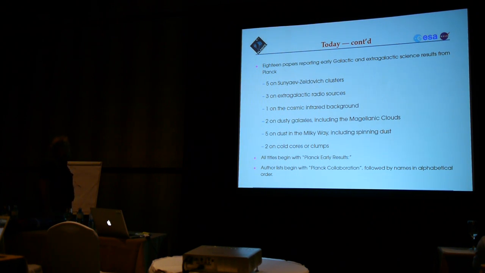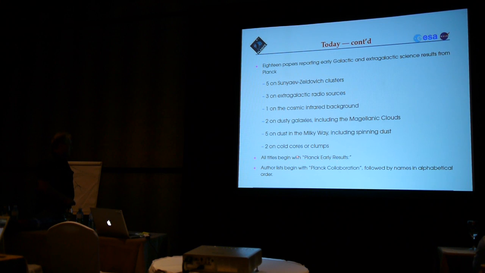followed by a further 18 papers devoted to science, various sorts of astrophysics, and there is a bunch on Sunyaev-Zeldovich clusters, extragalactic radio sources, the cosmic infrared background, a lot of stuff on dust in the galaxy, both diffuse and compact objects, and a couple of papers on cold cores or clumps, the star producing regions in our local solar neighborhood.